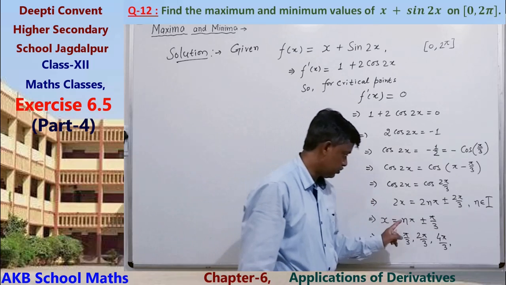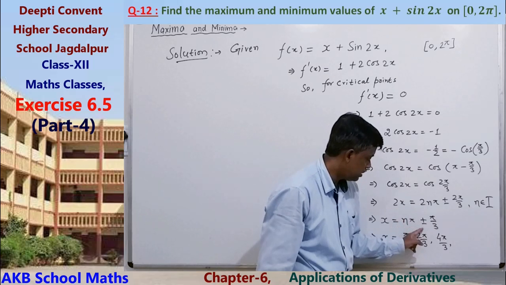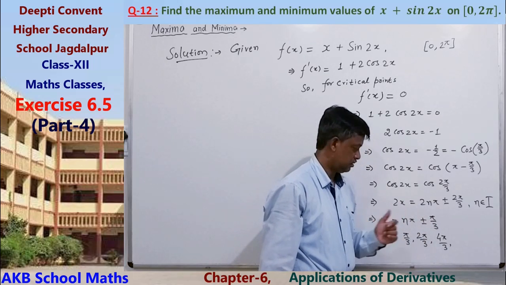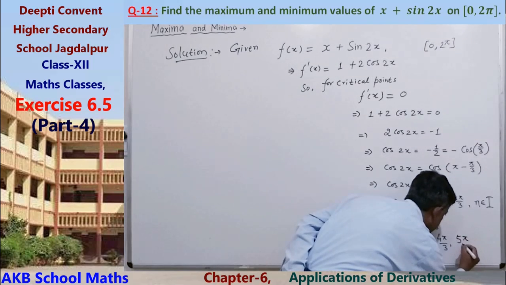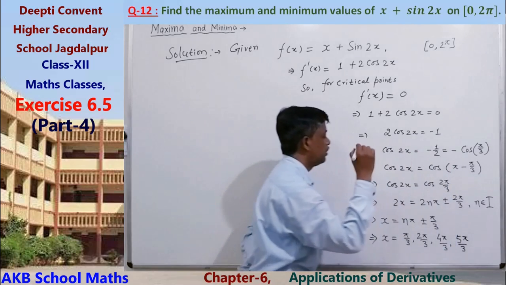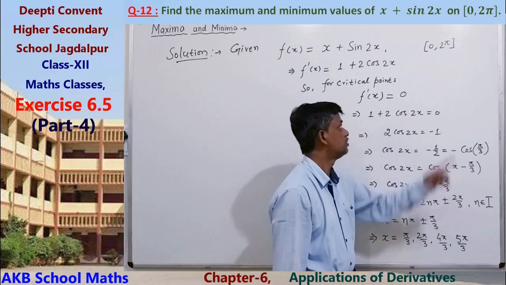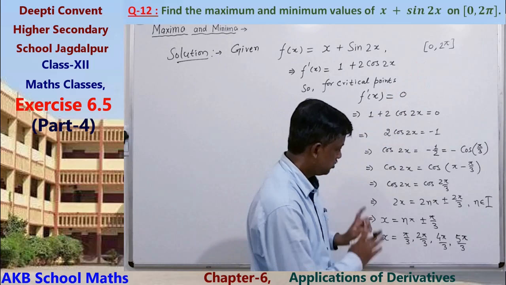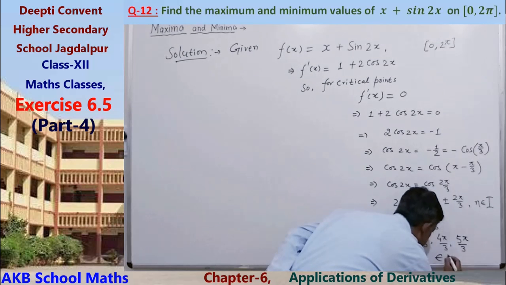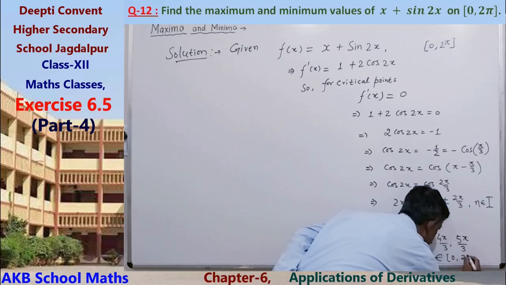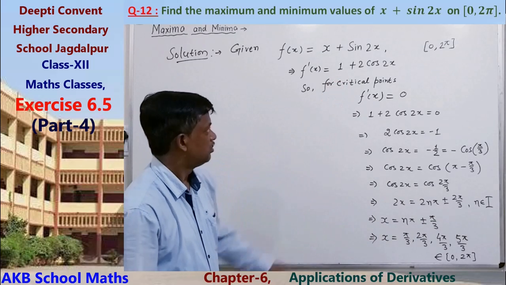And when n equals 2, then 2 pi minus pi by 3 gives 5 pi by 3. This is also between 0 to 2 pi. But 2 pi plus pi by 3 is greater than 2 pi. So only these values belong to 0 to 2 pi. So these are the critical points for this function in this interval.